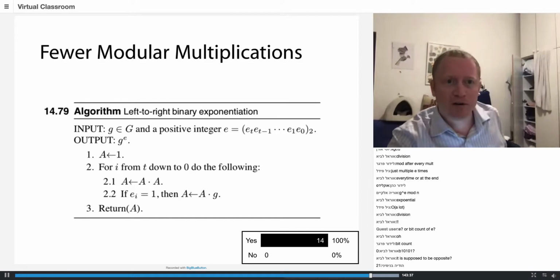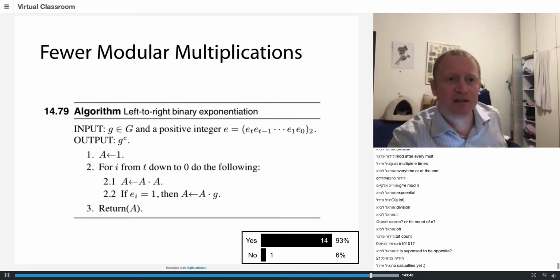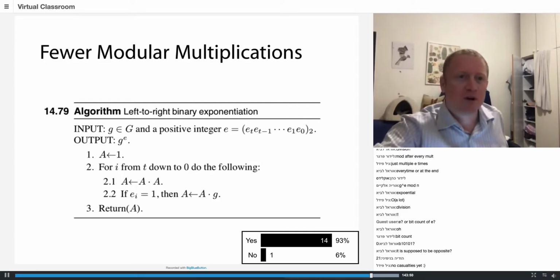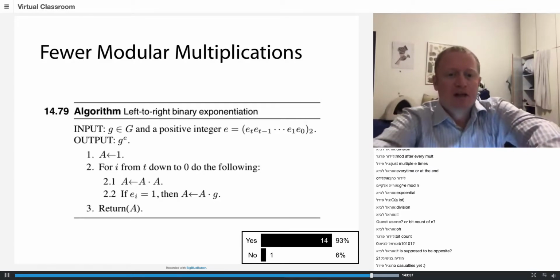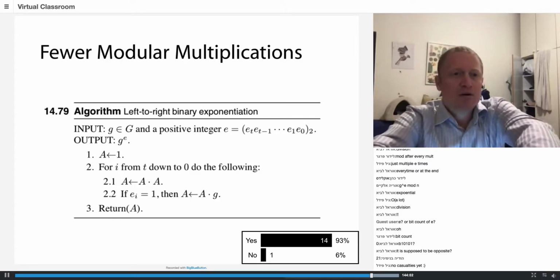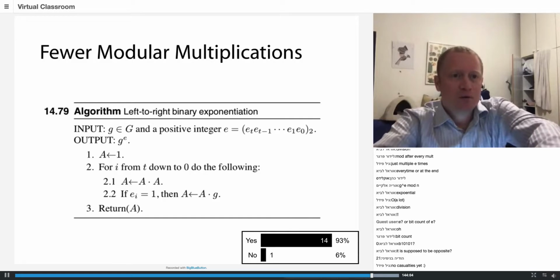Are we okay so far? Can I keep going? Okay, fine. So now the next bit is 0. I'm going to do A is equal to A squared, which is G to the power of 1, shift left 1, which is equal to G to the power of something.